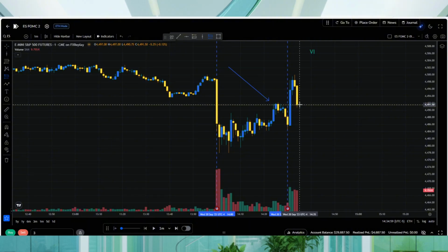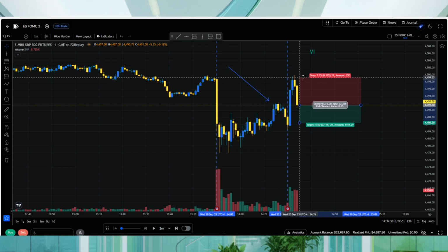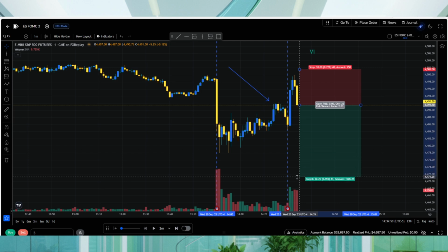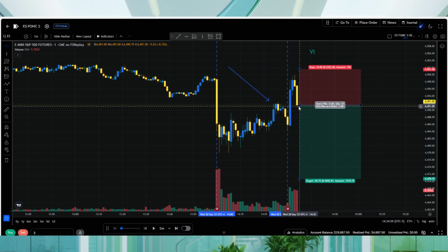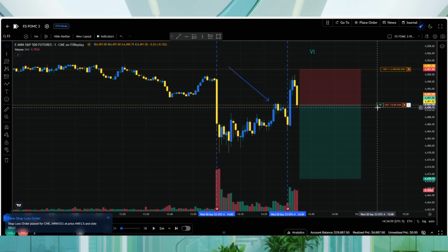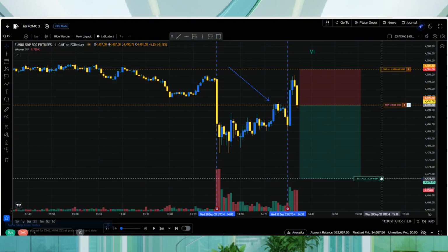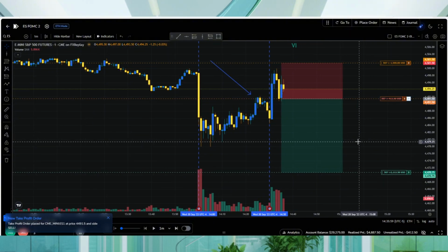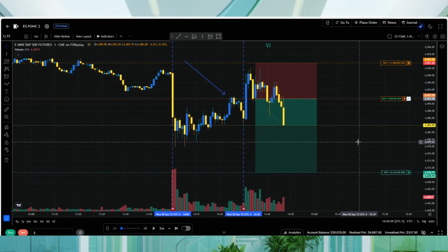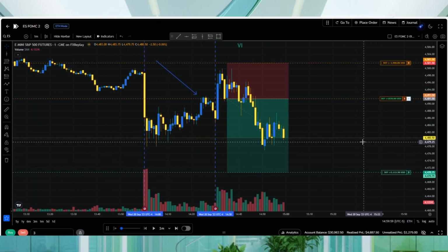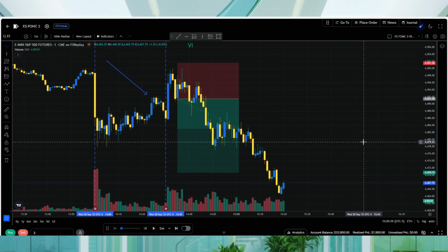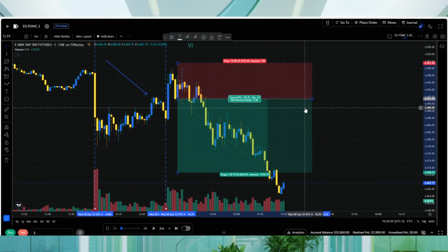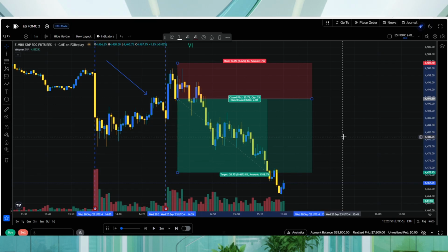And we'll go. And we get a hit here. So we'll say 20 points here.